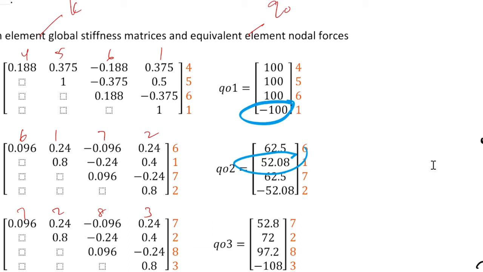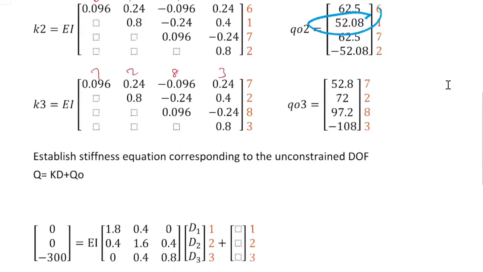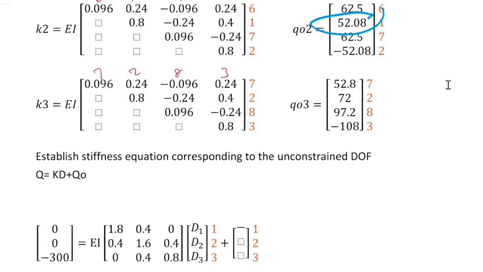It is negative 100 plus 52.08, we get negative 47.92.